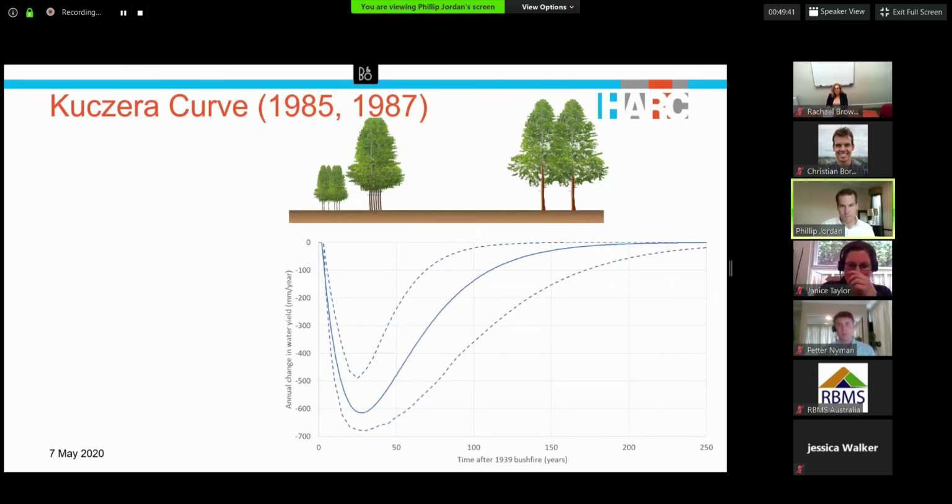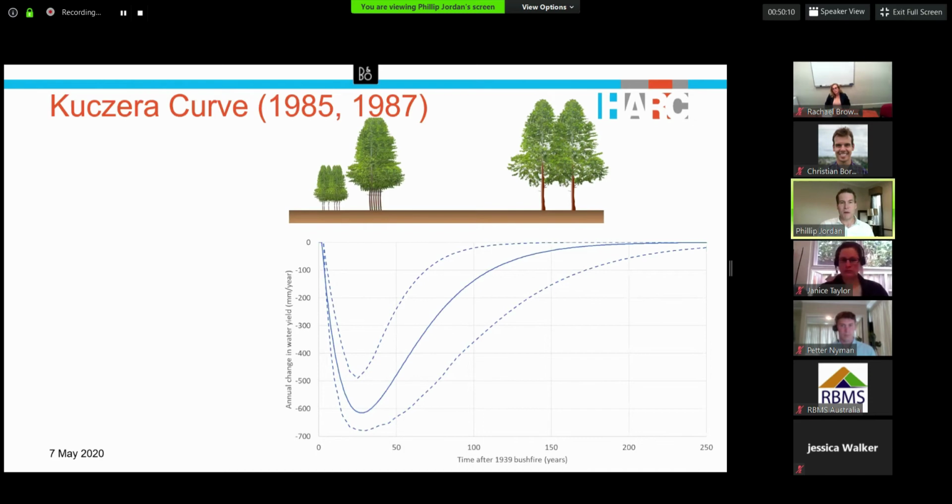the mid-1980s. What that shows, as you can see here, is that there may be a small initial increase or possibly no increase in water yield in those first couple of years. But then as the forest grows back, the high density of new saplings causes a net reduction in water yield compared with the mature forest.